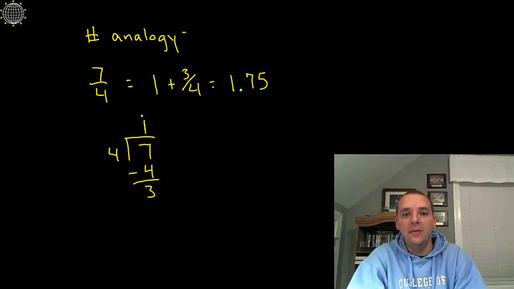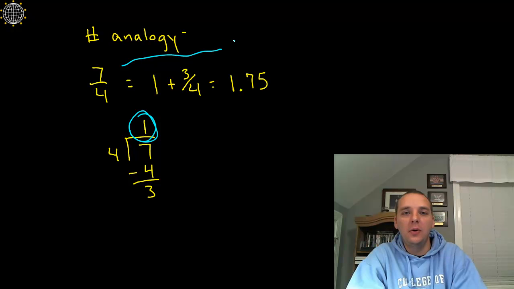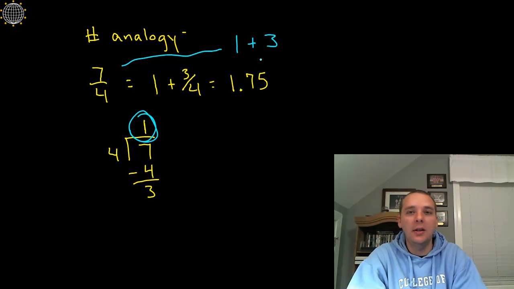Well, the meat of the answer is the quotient. 1 is the meat. Now, how do we take the remainder into account? Do we say that 7 divided by 4 is 1 plus the remainder? No, certainly not. It's the remainder as a portion of the divisor. So 7/4 is equivalent to 1 3/4, or 1.75.